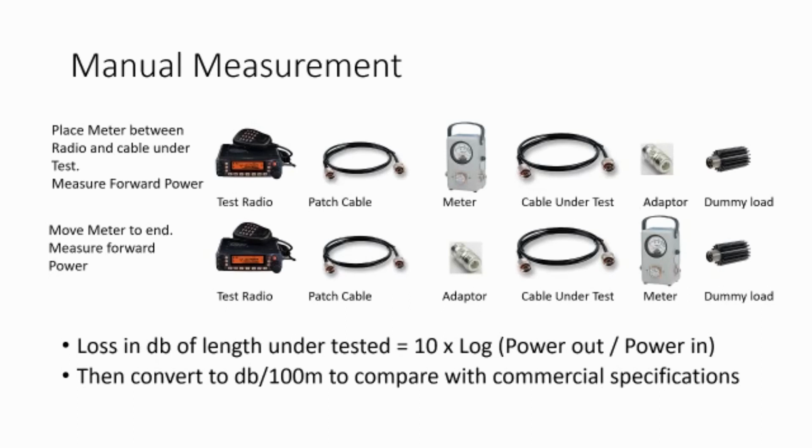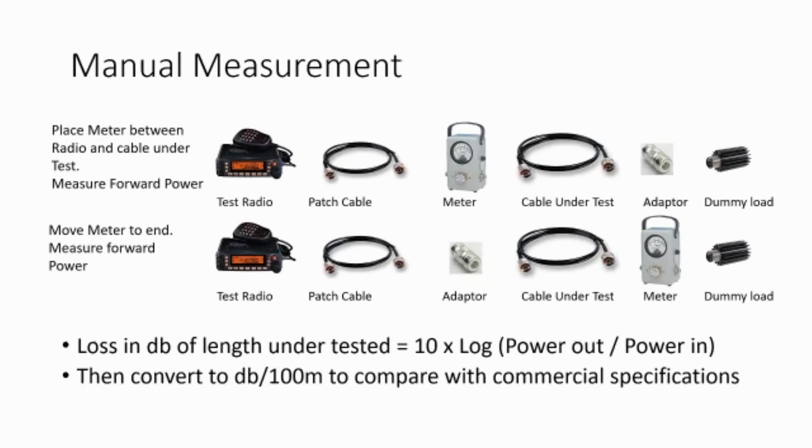So here's the method. First of all, we set up our test radio and we connect a patch cable from the test radio to the meter. We then connect the cable under test to the output of the meter, and we might need to use an adapter to connect to the dummy load at the far end. And we measure the power reading on the meter on transmit.